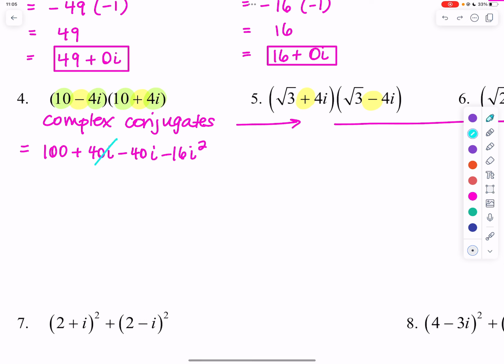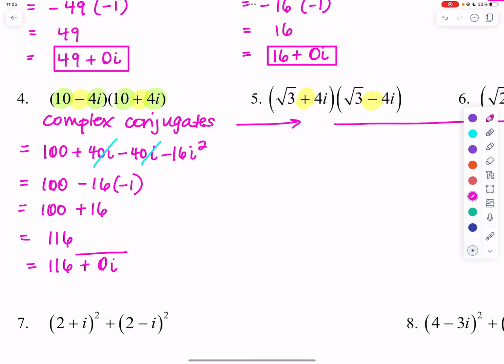Now, yes, the outer and the inner are going to cancel, and we end up with 100 minus 16 times a negative 1, and we end up with 100 plus 16, and that's 116. And in standard form, it's 116 plus 0i.